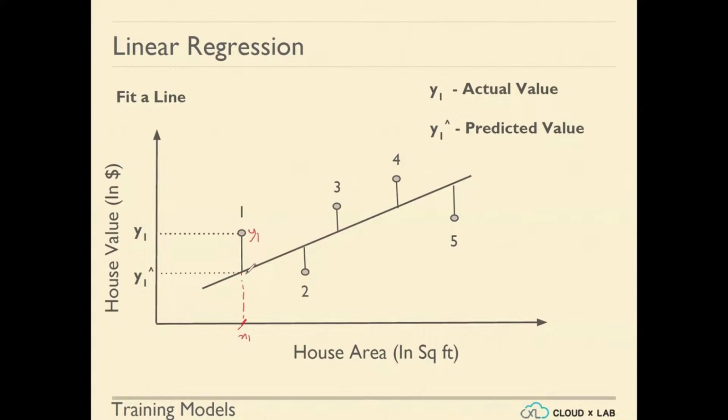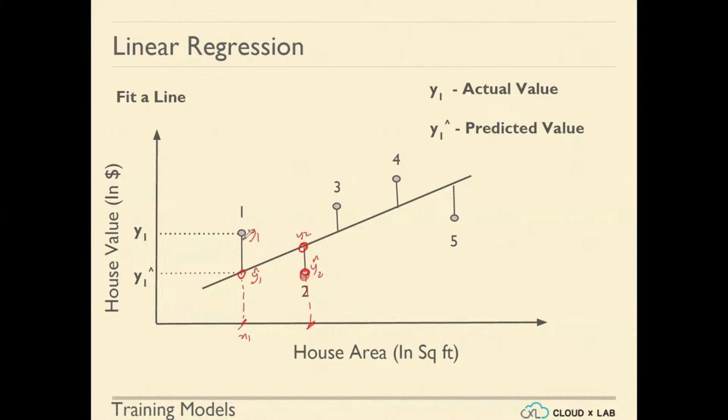Y1 is the actual output, and this is the model predicted output y1 hat, right? Similarly, for the second input, we will have the model predicted output and the actual output, right? Y2 hat and Y2.